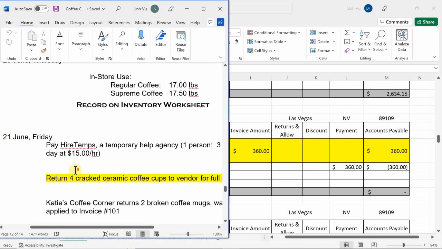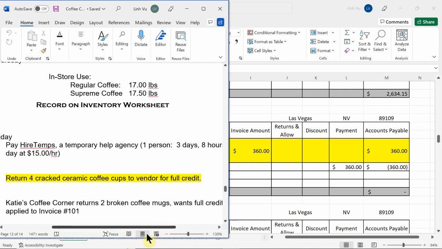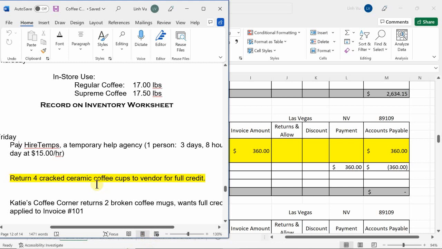So then, right after that, on the 21st, we ended up returning 4 cracked ceramic coffee mugs to the vendor for a full refund. So we demanded a full refund for 4 cracked coffee mugs.